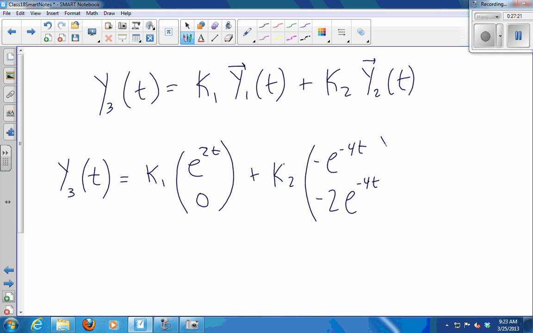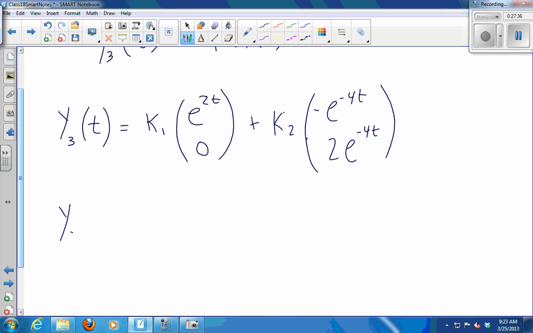Is that right? Or is it positive 2? Okay. And I want to choose this so that y3 of 0 would be k1 times e to the 0, that would be 1.